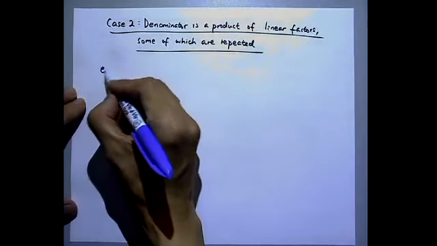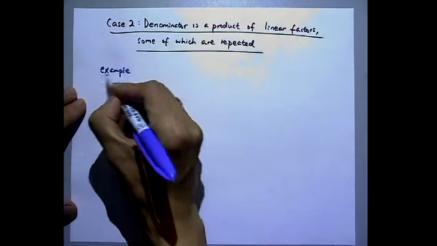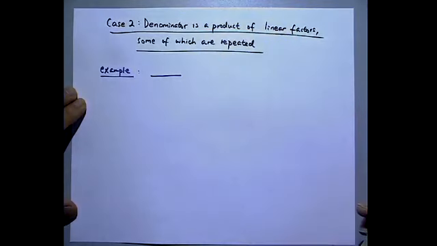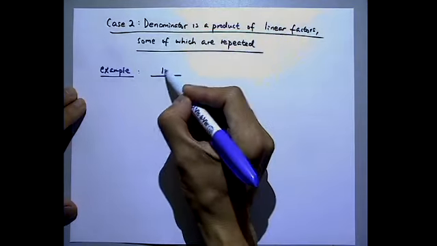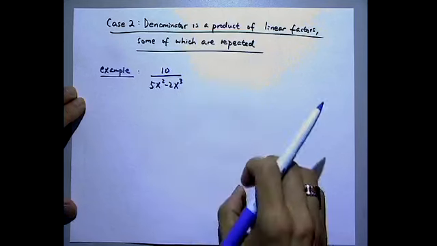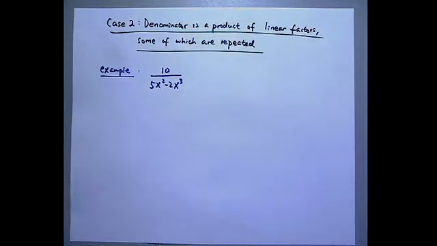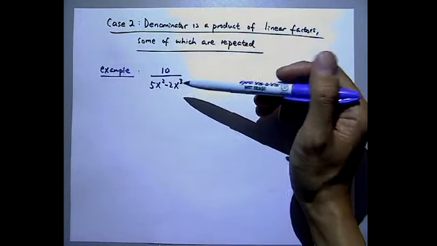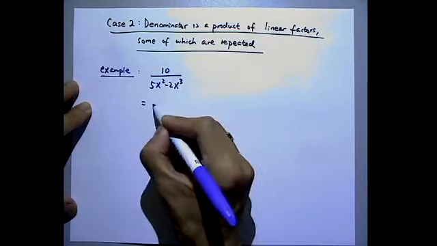Here's an example. Ten over 5x squared minus 2x cubed. First, you look at the denominator here. There's a common factor of x squared. So let's take that out.